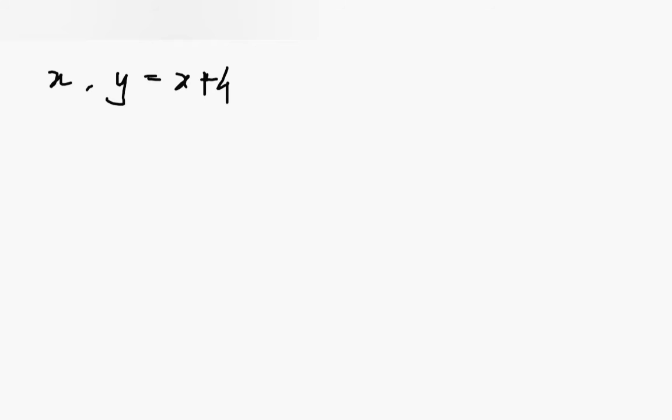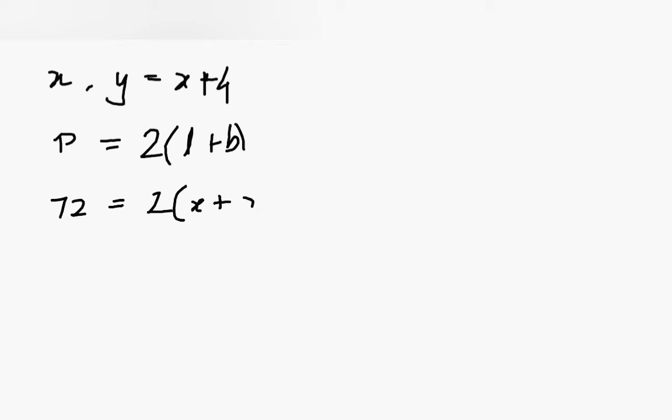Now we have been given the perimeter, and we have also found the dimensions in terms of x. So we will write P is equal to 2(L plus B), because that's the formula for the perimeter of a rectangle. Now perimeter is equal to 72 meters, L is x plus 4 and breadth is x.